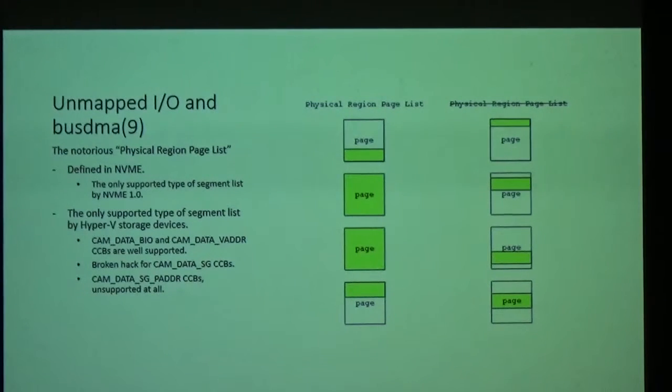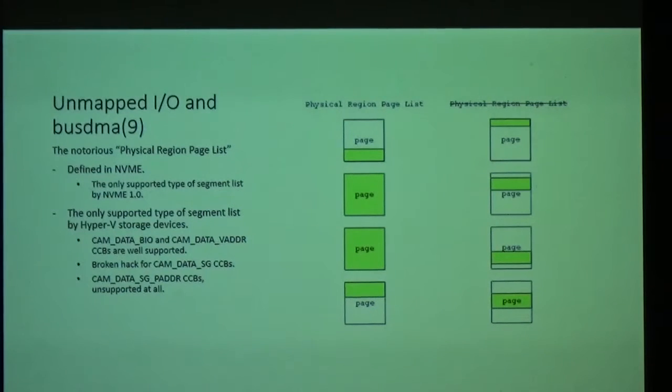This actually caused some trouble for the busdma API, which does not support the physical region page at all. So currently, the Hyper-V storage device driver only supports CAM_DATA_BIO, which contains data that conforms to the physical region page list, and CAM_DATA_VADDR also conforms to the physical region page list.